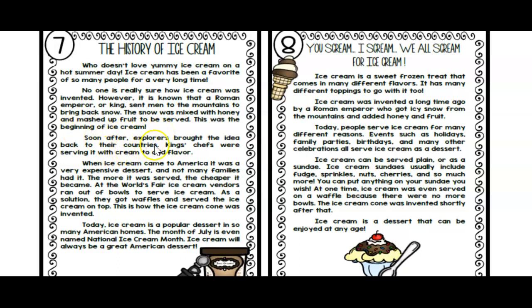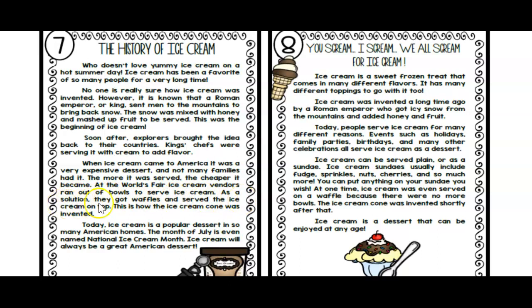Soon after, explorers brought the idea back to their countries. King's chefs were serving it with cream to add flavor. When ice cream came to America, it was a very expensive dessert, and not many families had it. The more it was served, the cheaper it became. At the World's Fair, ice cream vendors ran out of bowls to serve ice cream.